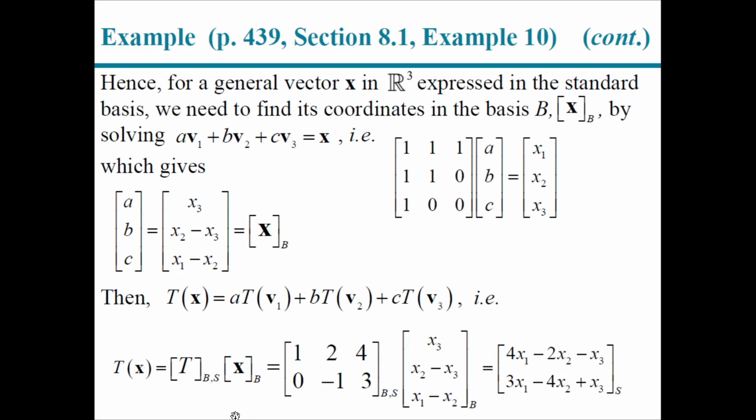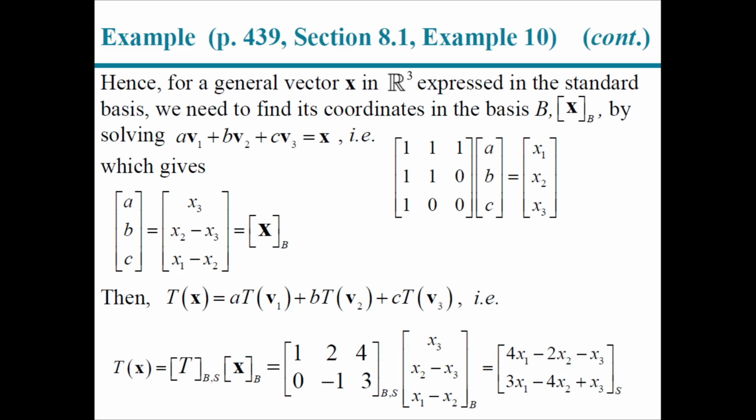Another option is to use our representation matrix relative to basis B and S, and then multiply by the coordinates of the vector x in basis B, and I get the coordinates of the image in the standard basis. Now we know that the coordinates of the image in the standard basis are equal to the image itself.